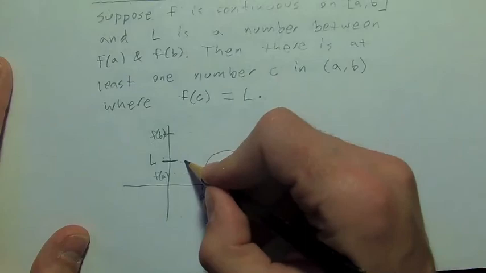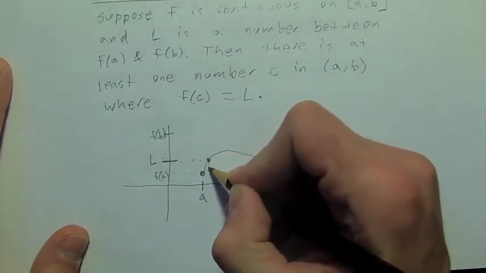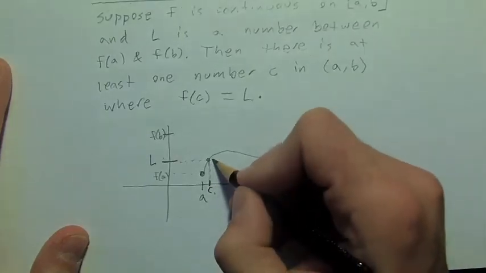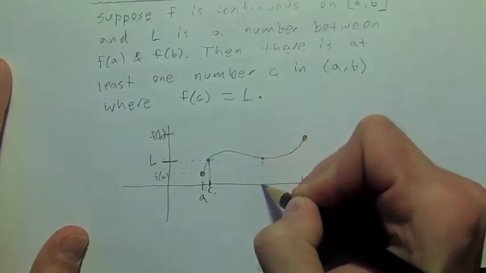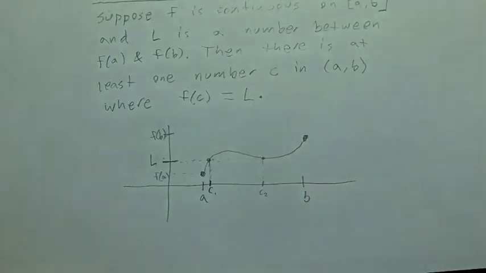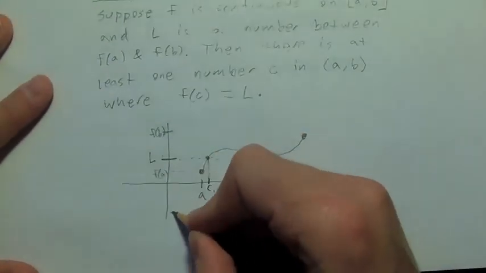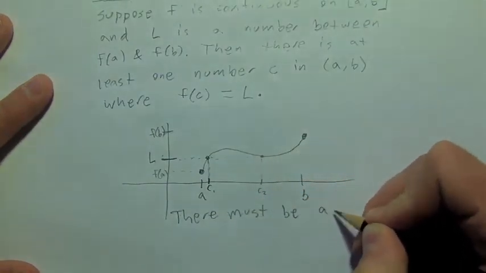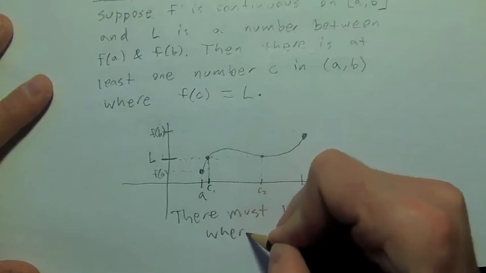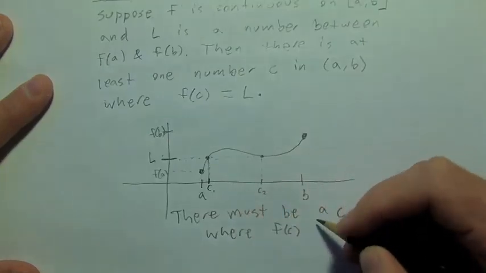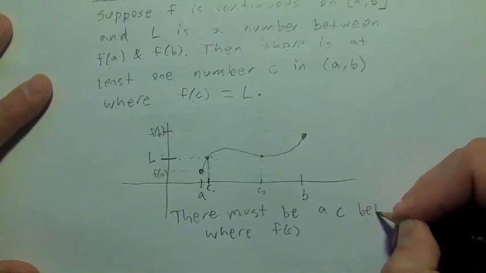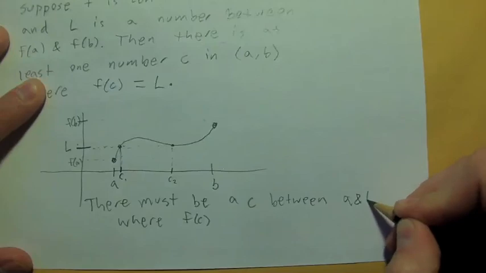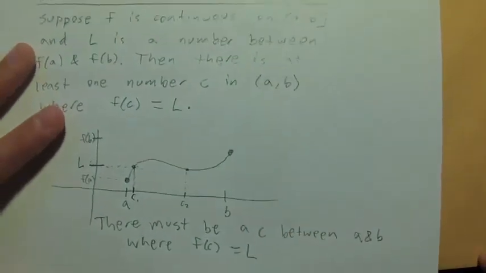And if I go over, there has to be an x that satisfies this. Say it's here. And it looks like there's another one like here. Right? So there must be a c between a and b where f of c is equal to L, right?